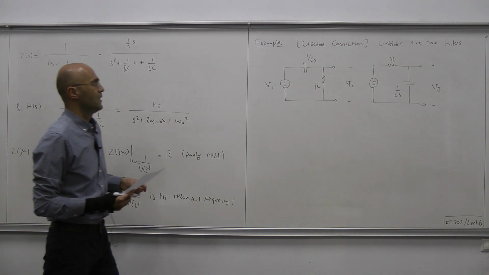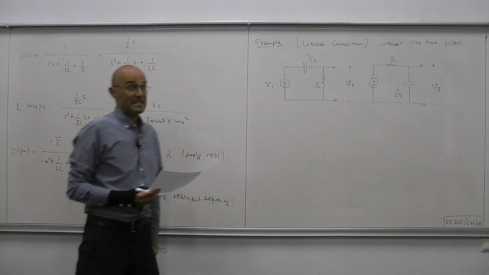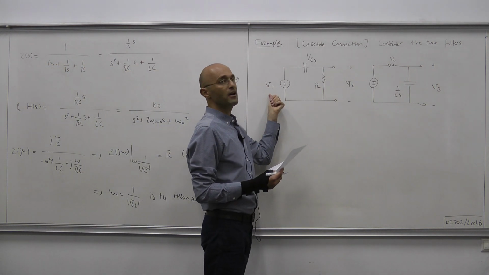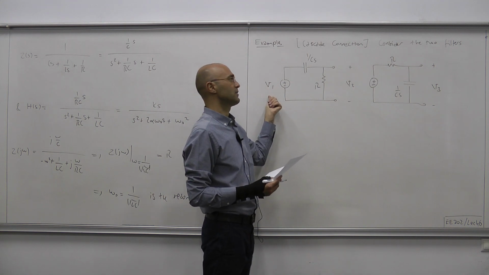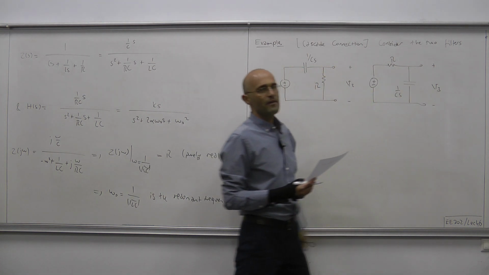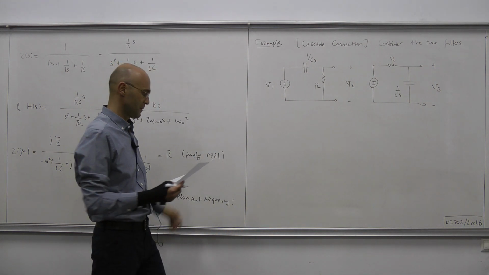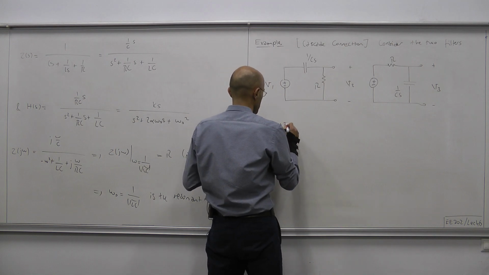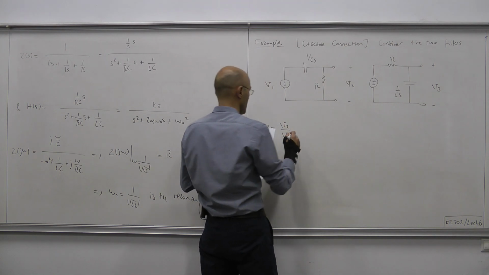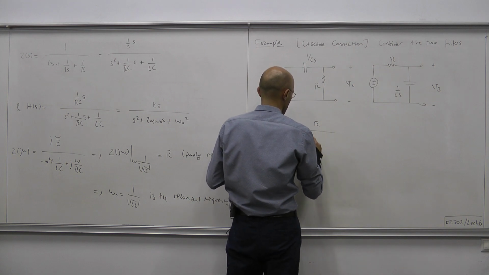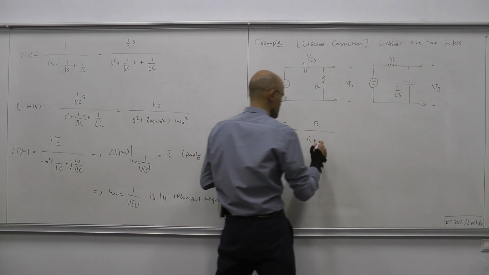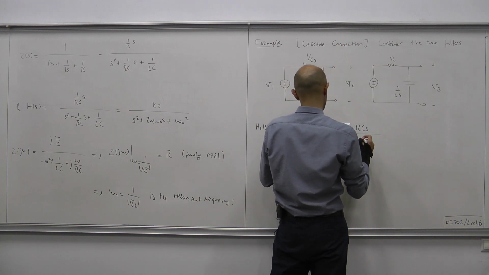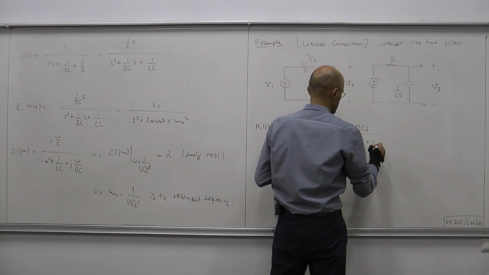Now let's figure out the individual, independent at this stage, transfer functions, namely V2 over V1, that's the transfer function of the first filter, and V3 over V2, that's the transfer function of the second filter. H1 of S, which is V2 over V1, equals R over the driving point impedance, which is R plus 1 over CS, which can be written as RCS over RCS plus 1.